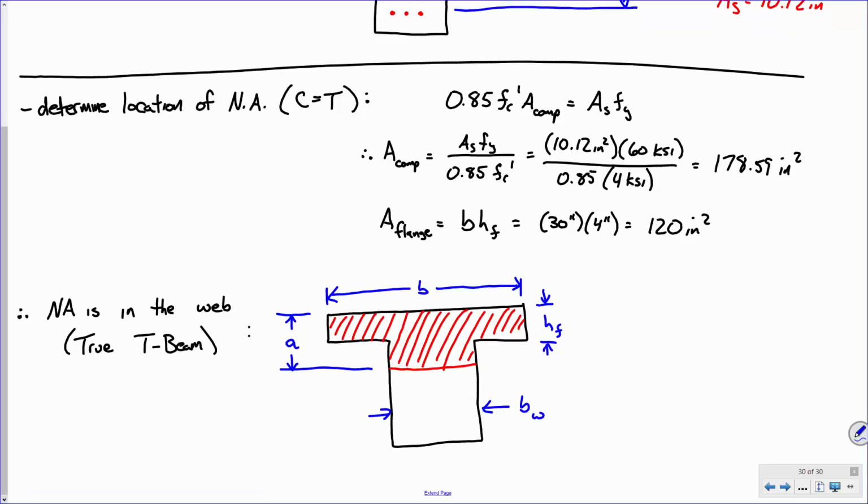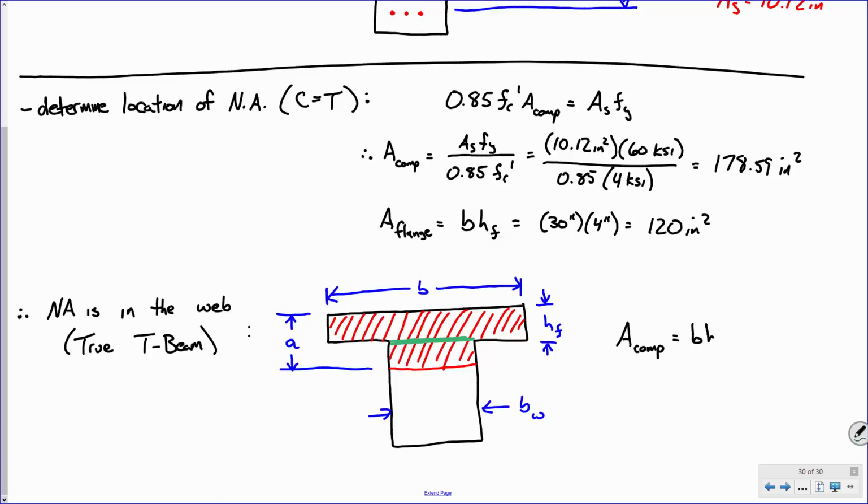Now, what I'm going to do over here on the right, looking at this schematic that I've got here, is draw out the area in compression. Let's see if we can derive it. I propose to you that the area in compression, let's look at it like this. Let's cut this into two separate rectangles. The area up top is what?